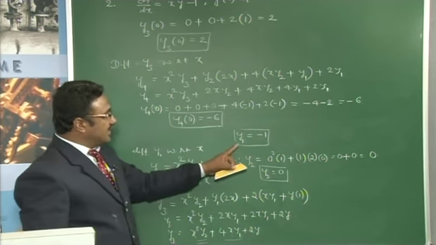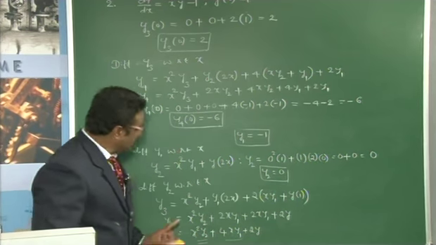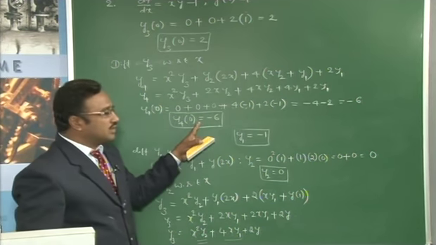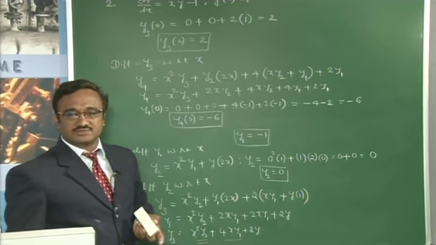Now substitute all these values, y1, y2, y3 and y4, in the Taylor series expansion, that is equation star.